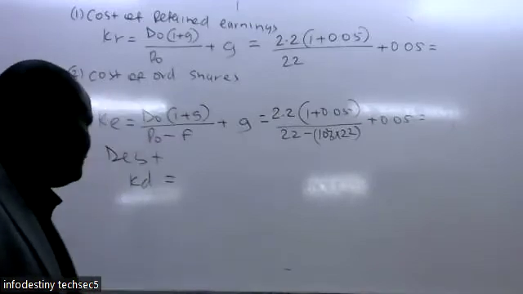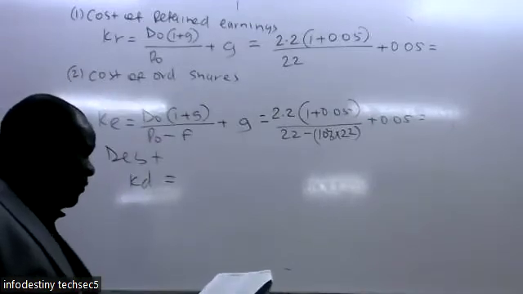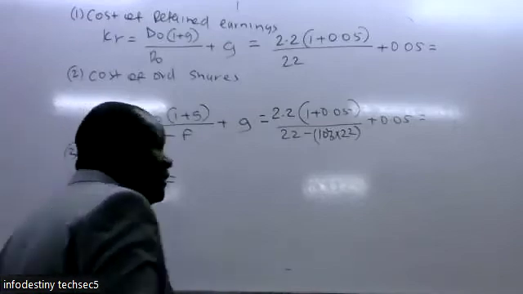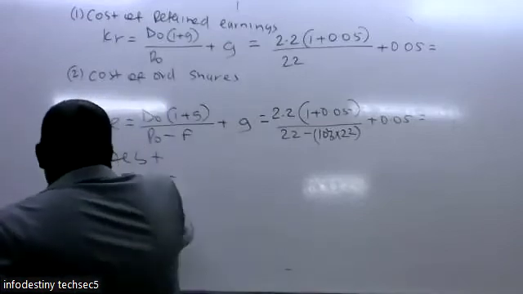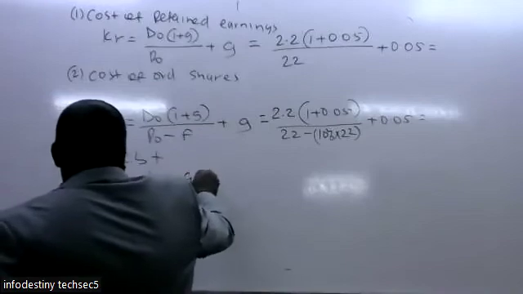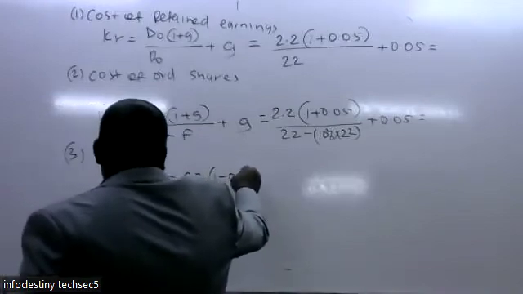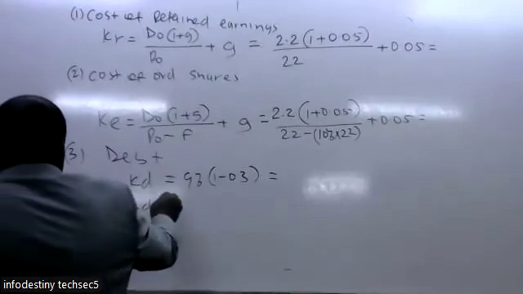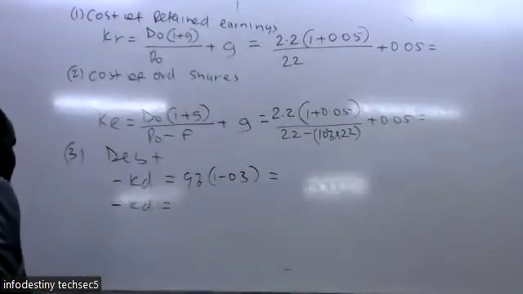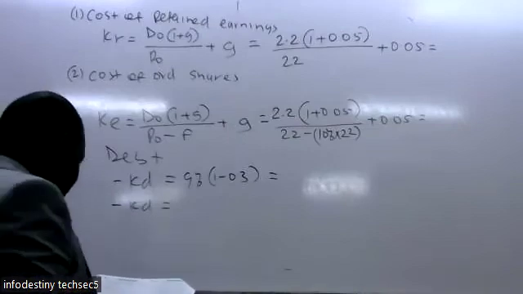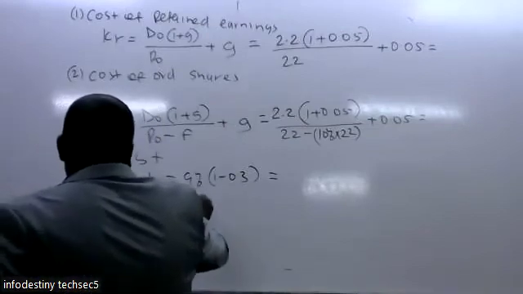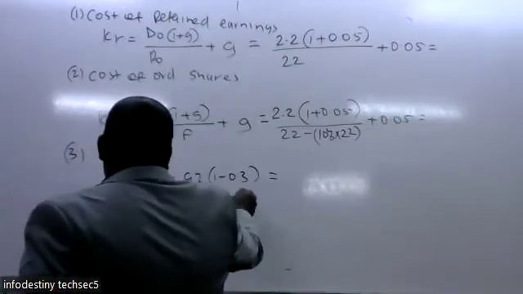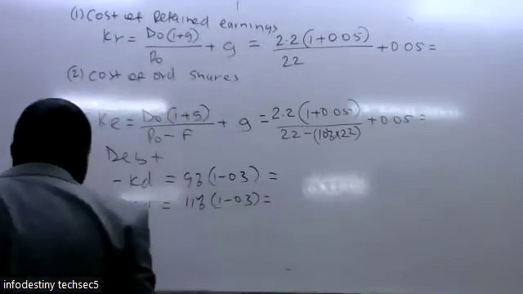So we have 2 or 3 of them. The first one is 9%. So we take the 9%, then 1 minus 0.3. Then the second KD is 11%. So you also take the 11%, then we tax.